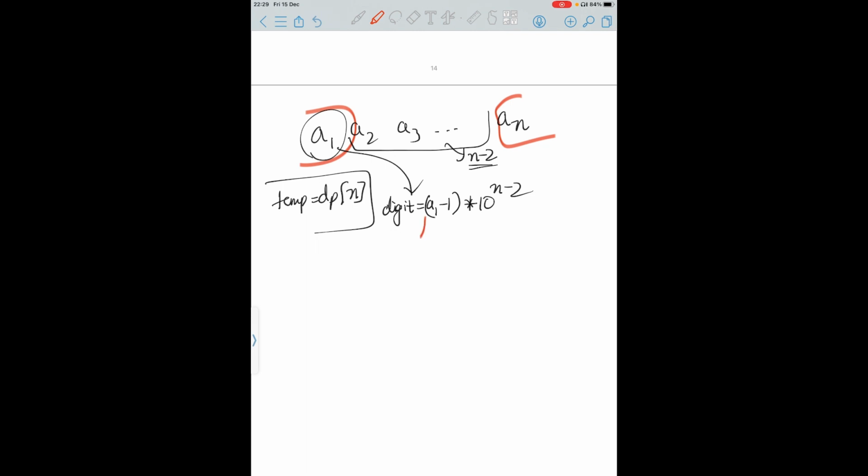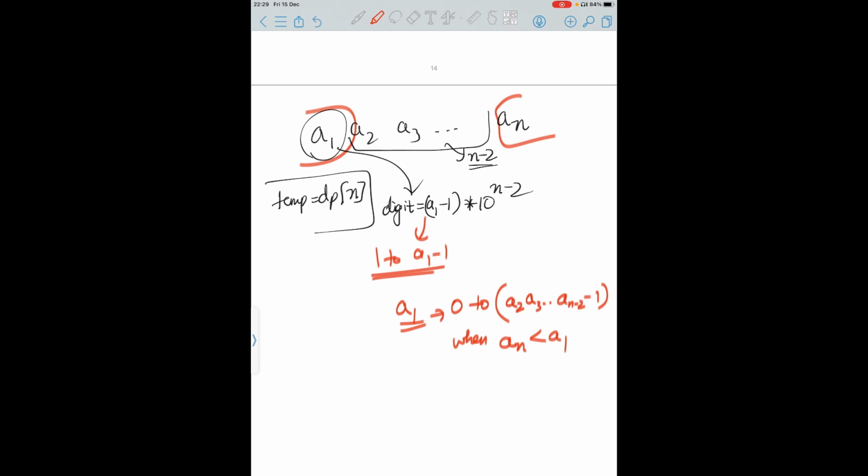Now we went from 1 to a1 minus 1. Now while filling a1 at the first digit, we only go from 0 to a2, a3, ..., an minus 1. When is this possible? When an, that is the last digit, is less than a1.